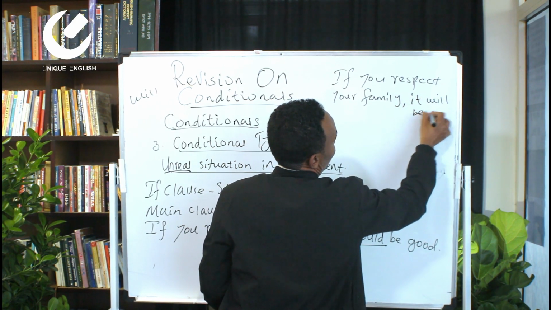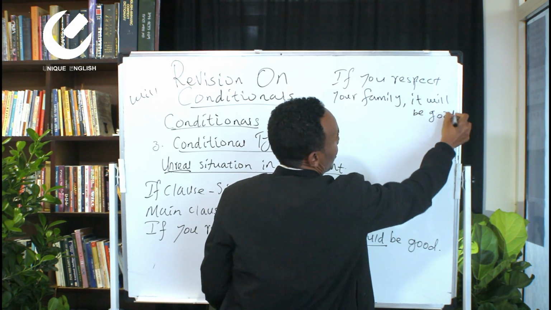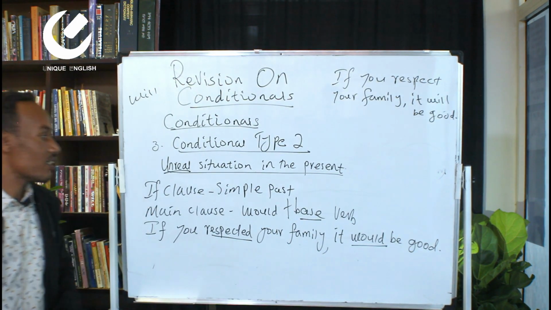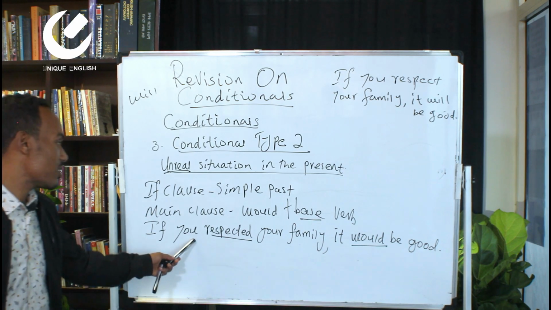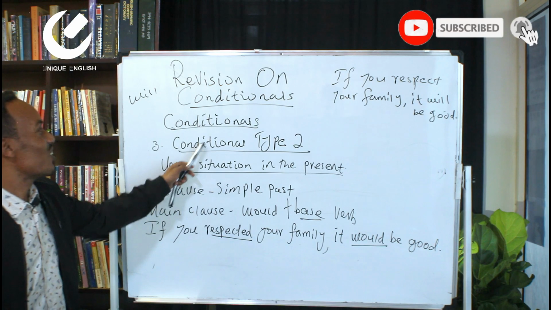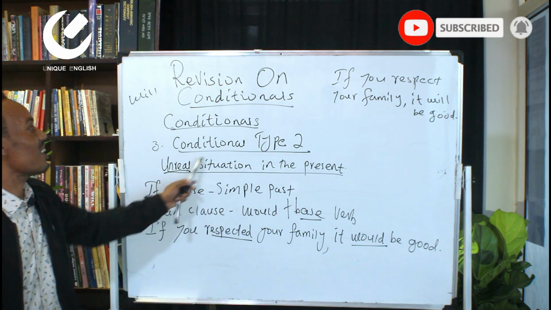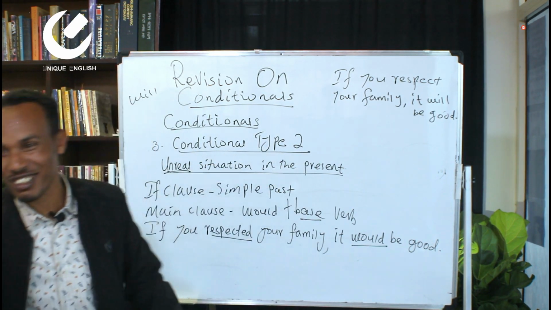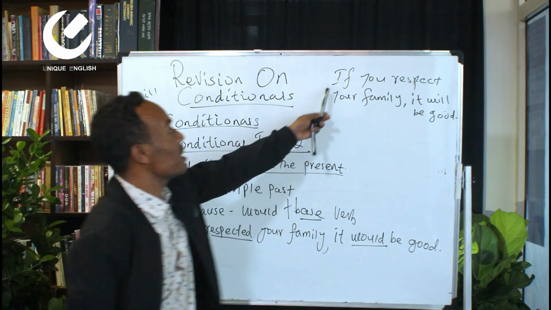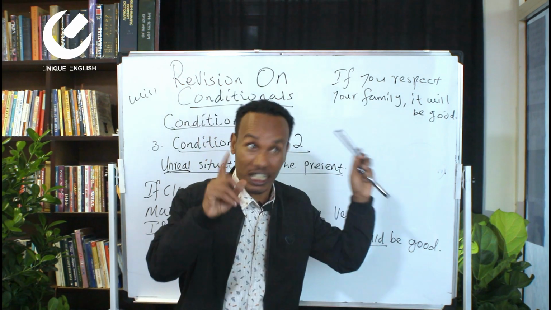So what does conditional type 2 say here? Conditional type 2 is about an unreal situation in the present. It says present. Many people get fooled here. Okay, look, if you respect your family, it will be good.